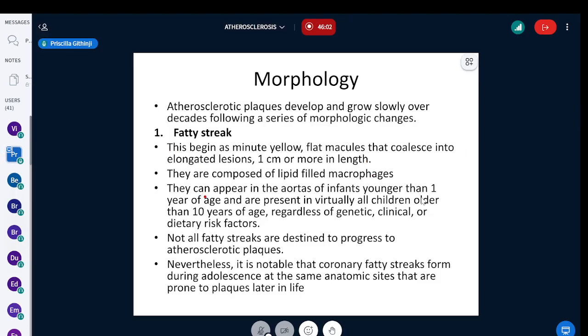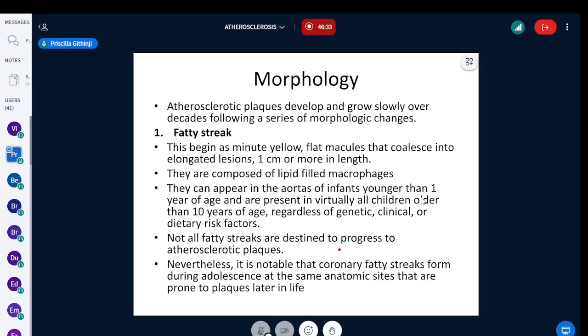These fatty streaks can appear in the aortas of infants younger than 1 year of age, and they're usually present in virtually all children older than 10 years of age, regardless of genetic, clinical, or dietary risk factors. So everyone has fatty streaks from the beginning. But of note, not all fatty streaks are destined to progress to atherosclerotic plaques.